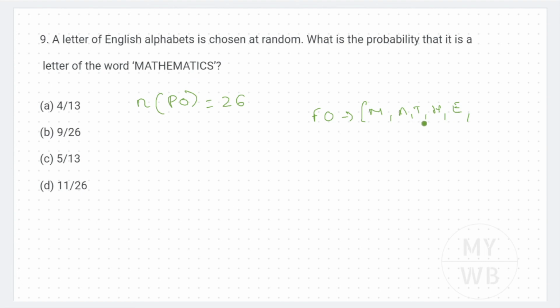T is also considered. So we'll have I, C, and S. These are our favorable outcomes. So number of favorable outcomes is 8. Probability will be 8 by 26. 4 by 13 is the correct answer. Option A.